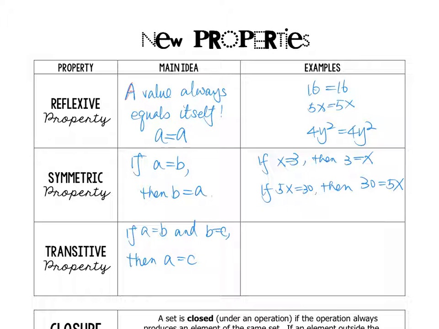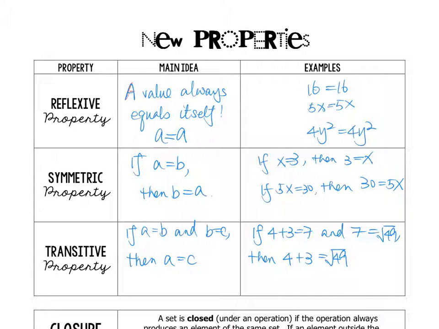So I can say then I am as tall as my sister's classmate. Another math example is if 4 plus 3 equals 7 and 7 equals square root of 49, then we can draw the conclusion that 4 plus 3 equals square root 49.